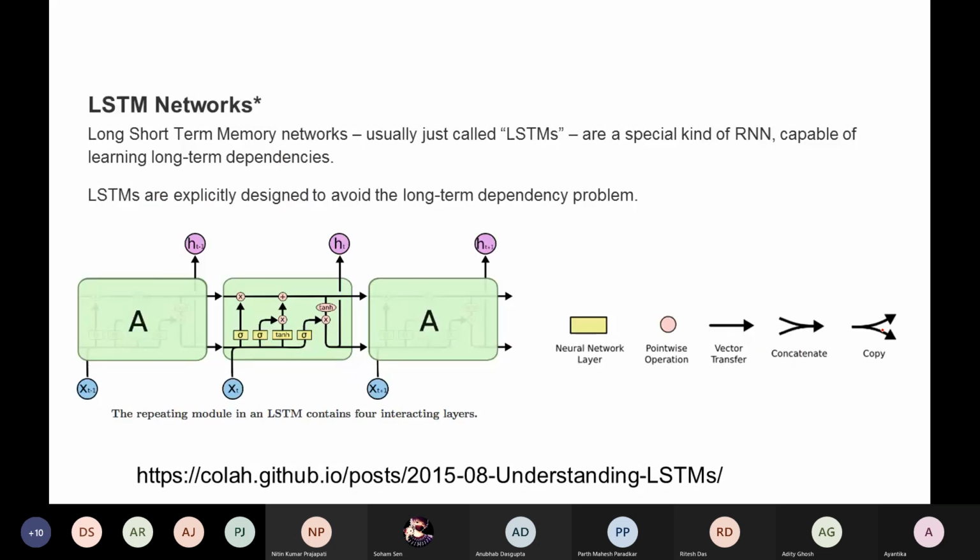With this understanding, we come to this type of temporal dependent network, the long short-term memory network. This is a special type of RNN, recurrent neural network, that learns and handles long-term dependency.